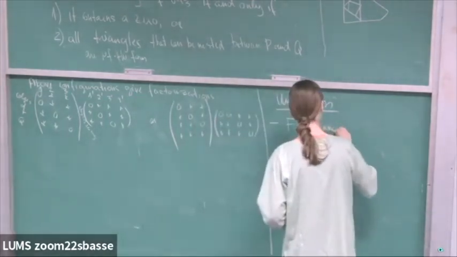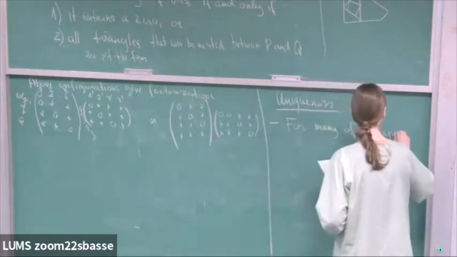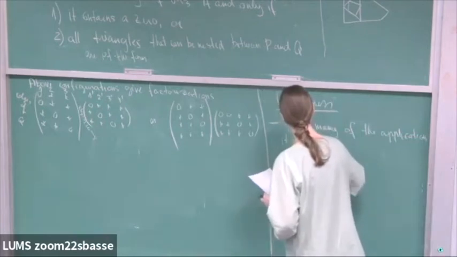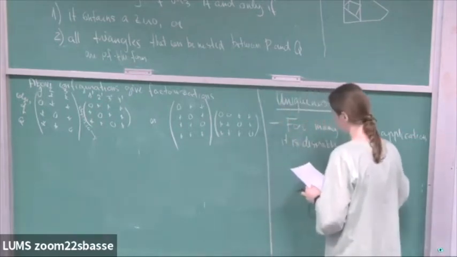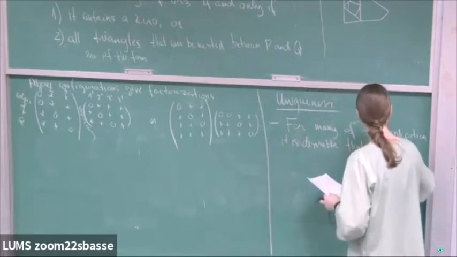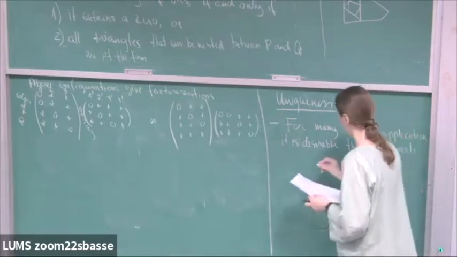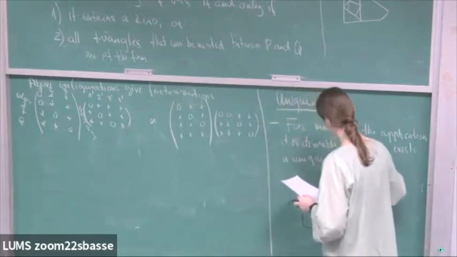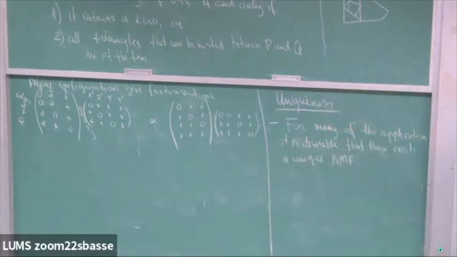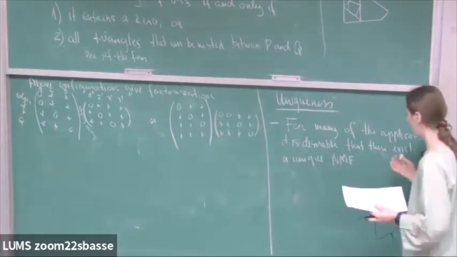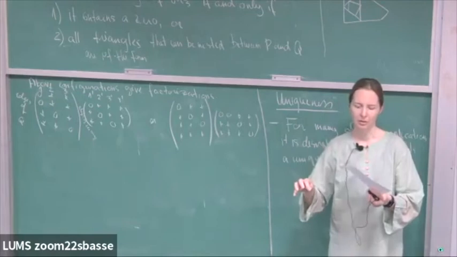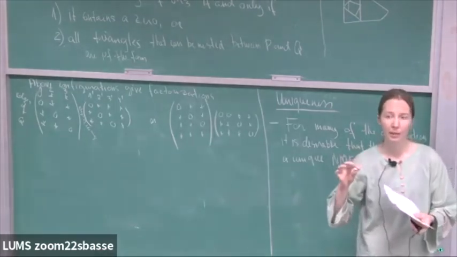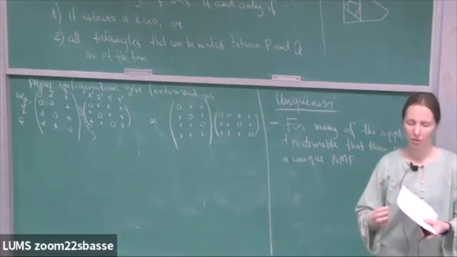Why is it important? It's because these factorizations correspond to the parameters of the model, and this means we have identifiability, or unique parameters that give our matrix. So this is really important.